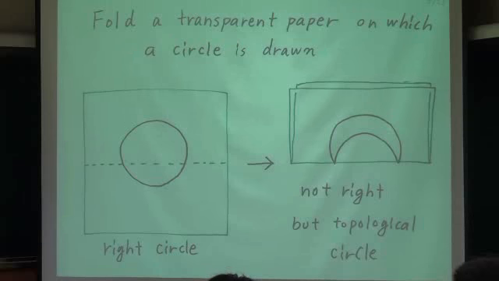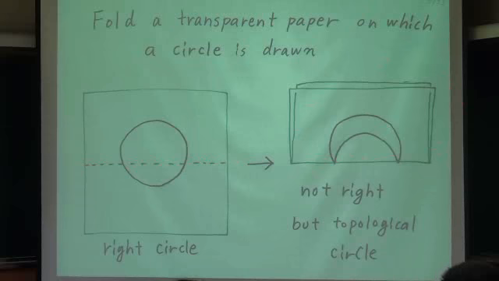So, suppose we have a transparent paper, and on which a right circle is drawn, something like this, and fold the paper along this dotted line.